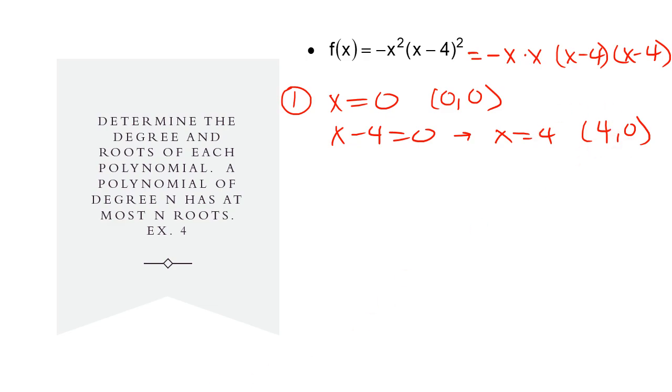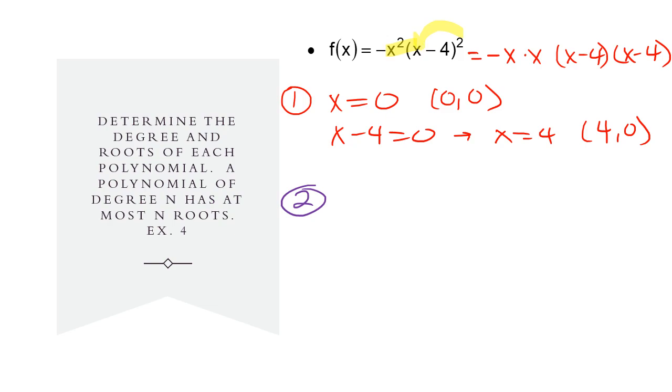All right, so now we're going to go on to our degree. Again, your degree is taking your leading term, highest power. Now, in this problem, you can look at it here. You have x squared, and then this square is going to make this x squared as well, right? So ultimately, you're going to have x squared and x squared.